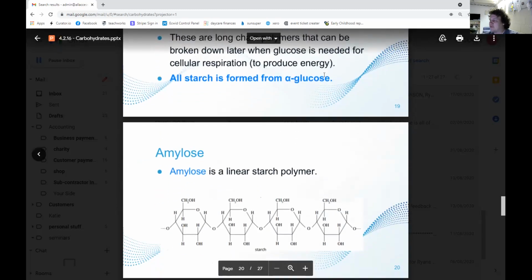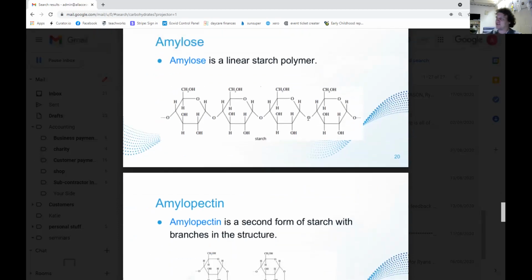We also have amylose, which is starch where the glucose is arranged in a linear fashion. I would make note of this. Amylose is linear.